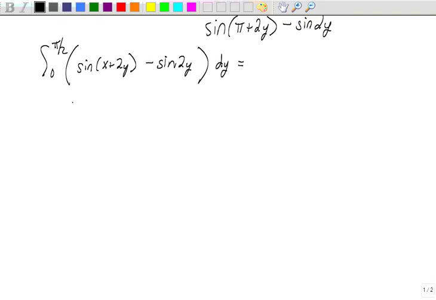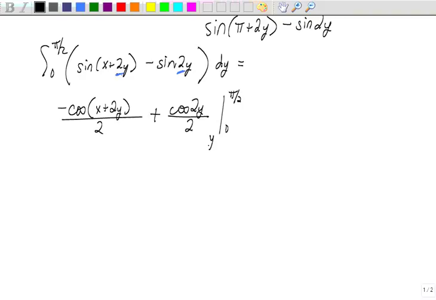The integral of sine is minus cosine, and then I have to adjust it by this 2 right here. And minus cosine again, so that's going to turn it to plus. Again, I have to adjust it by this 2. And that's from 0 to pi over 2.